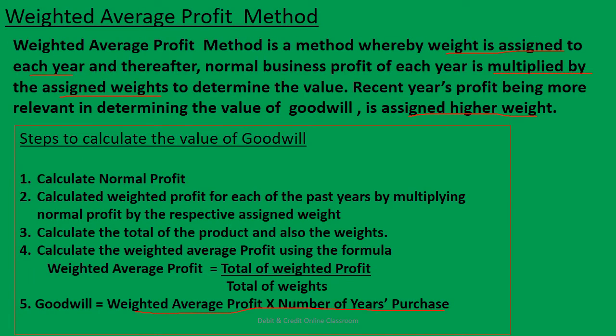Now let us see the weighted average profit method. Weighted average profit method is a method whereby weight is assigned to each year, and thereafter the normal business profit of each year is multiplied by the assigned weight to determine the value.